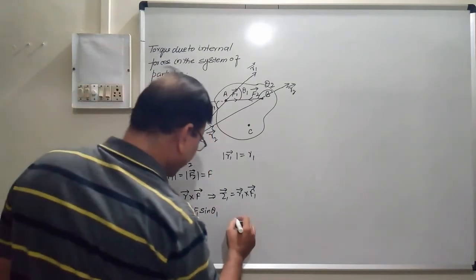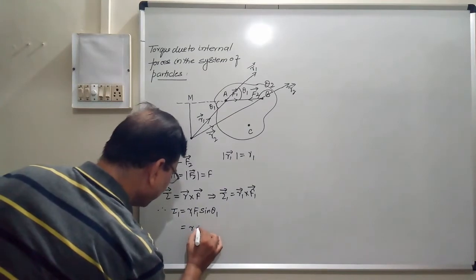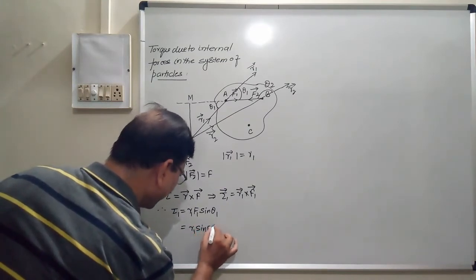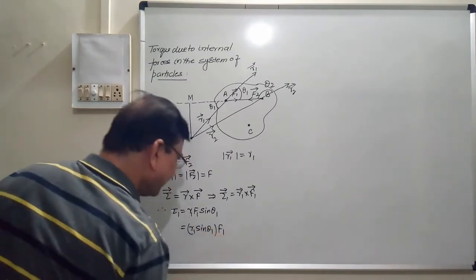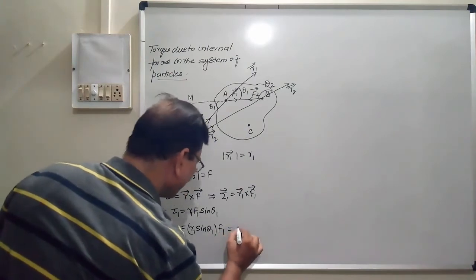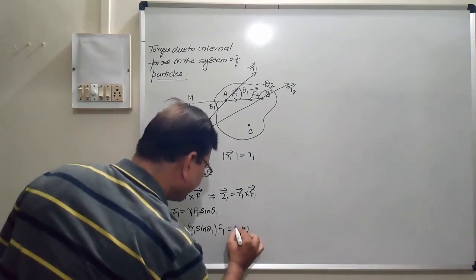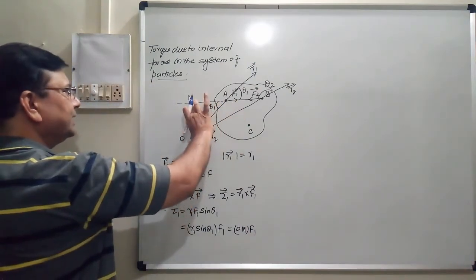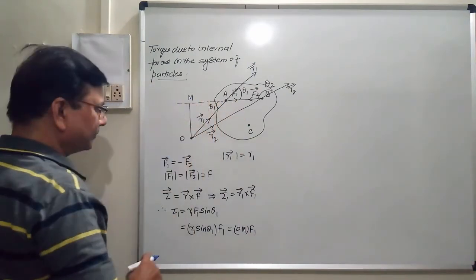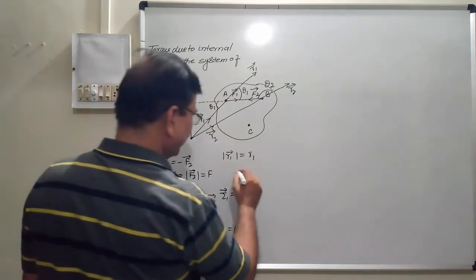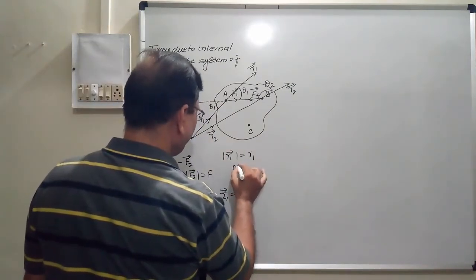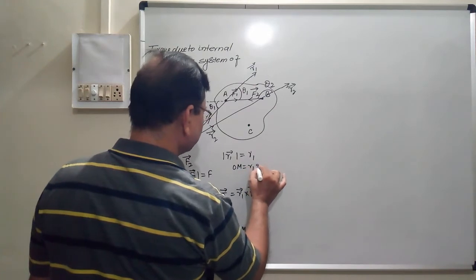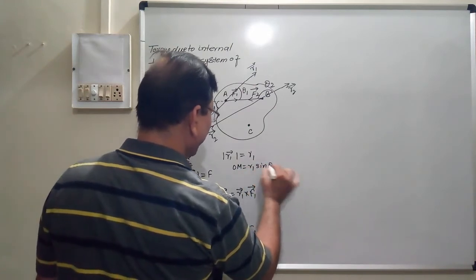So here we can write R1 sine theta 1 F1, and that is OM F1, because R1 sine theta 1 is OM. So OM is equal to R1 sine theta 1.